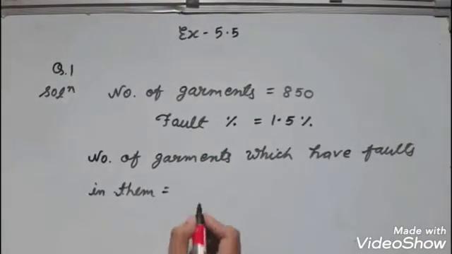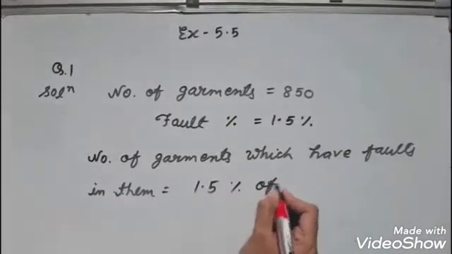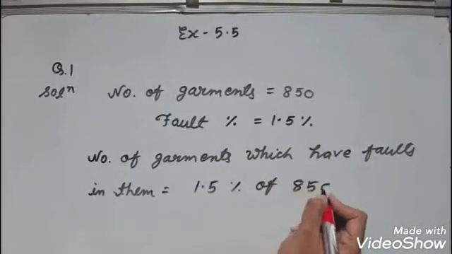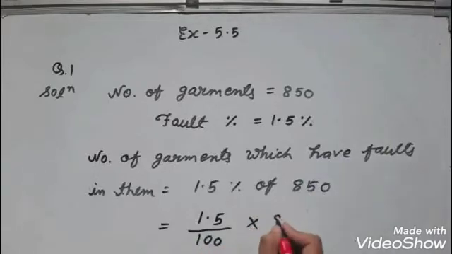So for this we have to find out 1.5% of number of garments, that is 850. So we have to calculate it now. We are removing percentage here, so we are writing 100 in denominator, then 850. We are removing decimal here, so we are adding 0 in denominator.